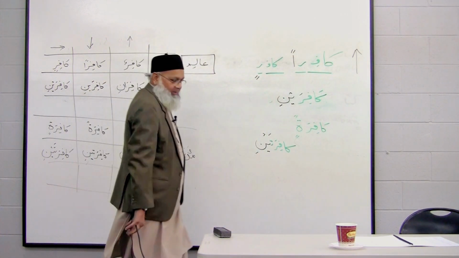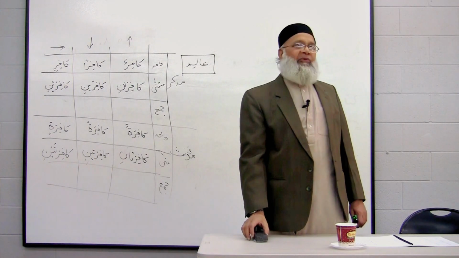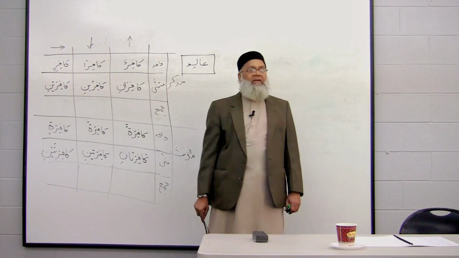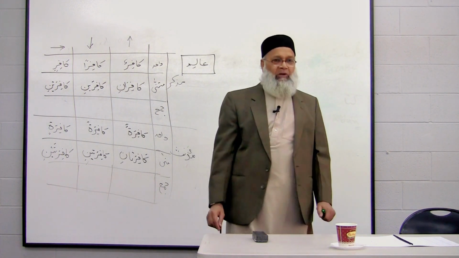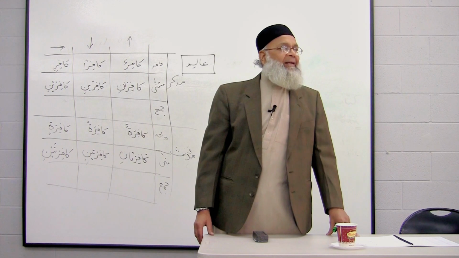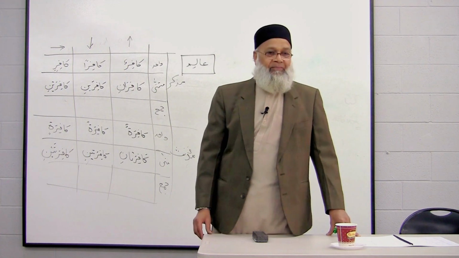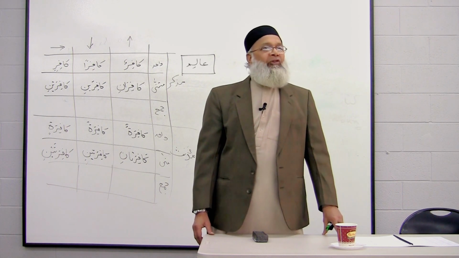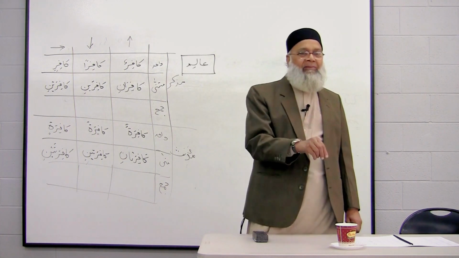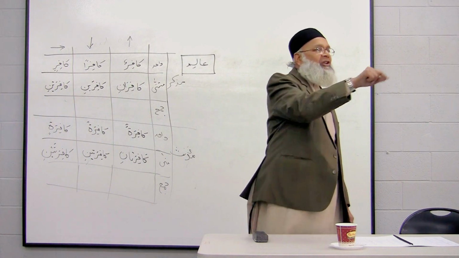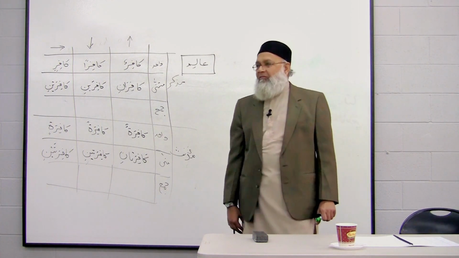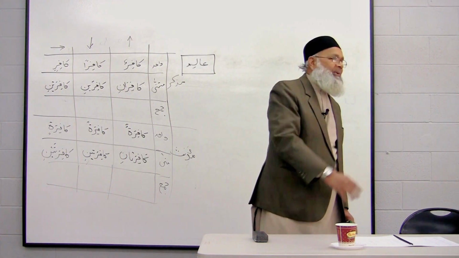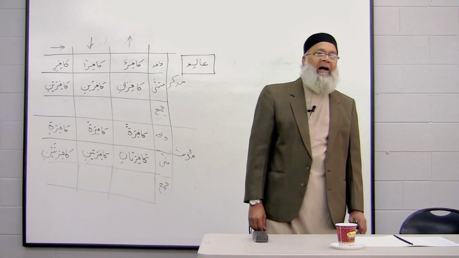So now we come to the Jama. Jama, the plural in Arabic, is of two types. Regular plural, Jama Salim. Salim means intact, unbroken, and Mukassar means broken. When the singular masculine form is intact and only a certain addition is made to it, that is called Jama Salim or unbroken plural.